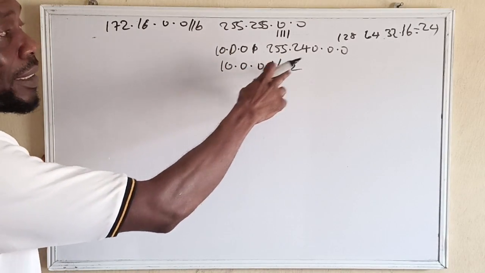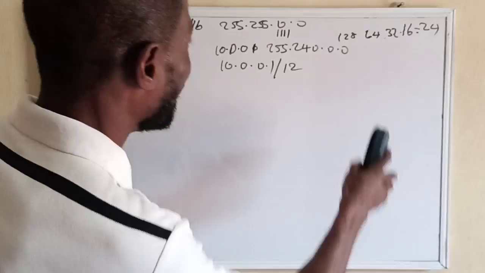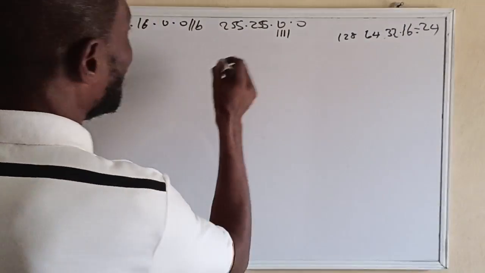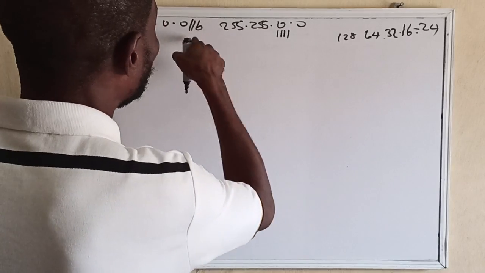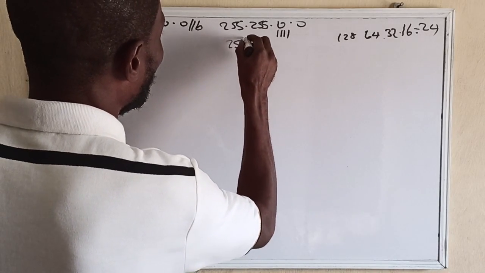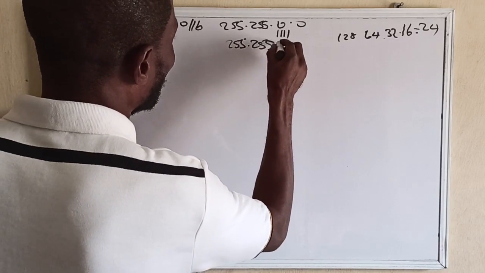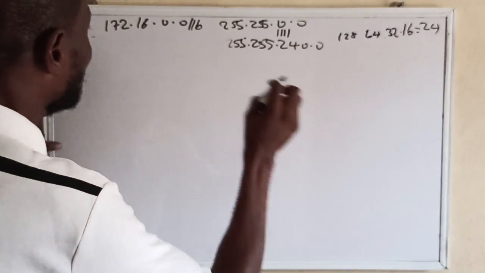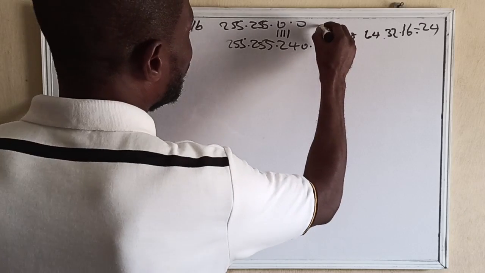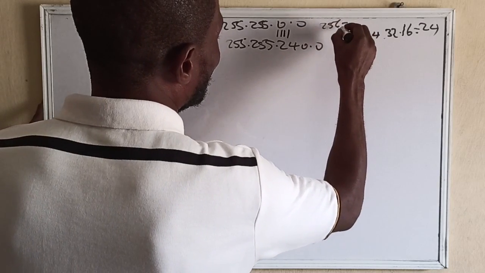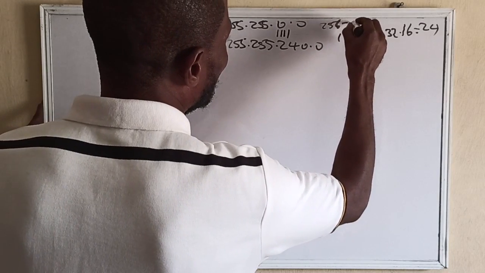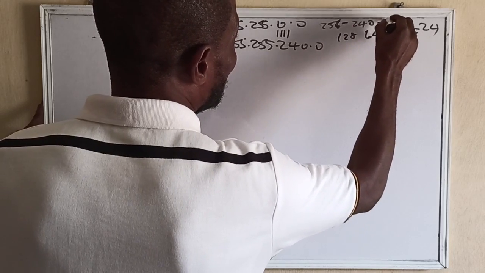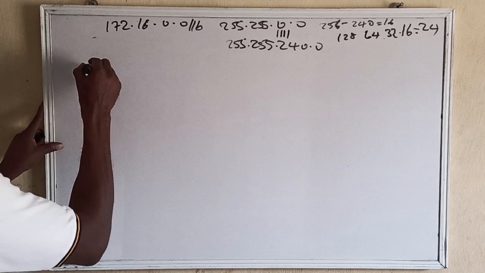This is the subnet mask of that class A. So I borrowed here, which means this address here has changed to 255.255.240.0. This one now, and watch out for this thing. When you subtract 240 from 256, it's still the same 16.